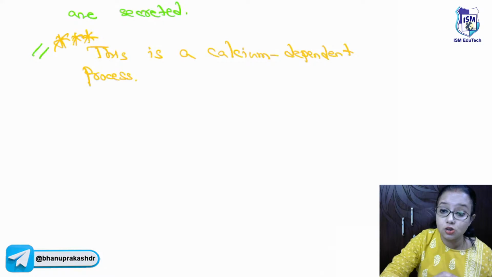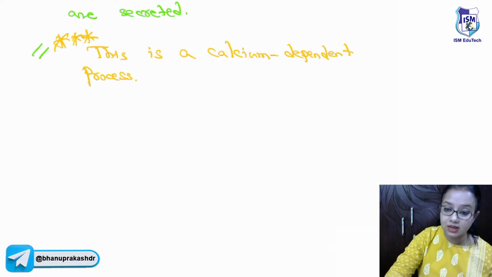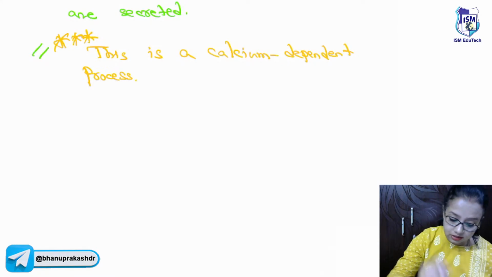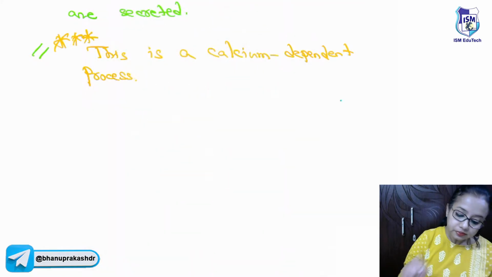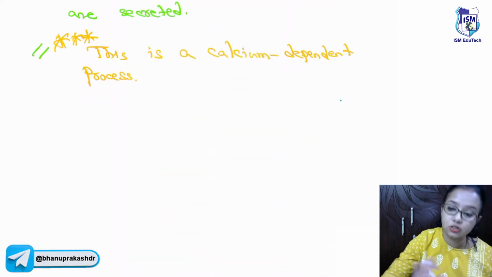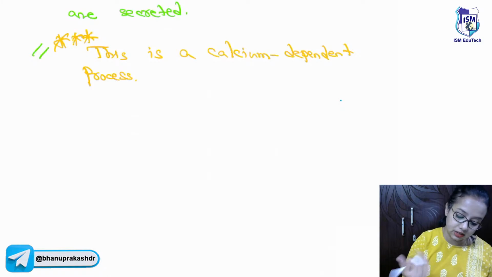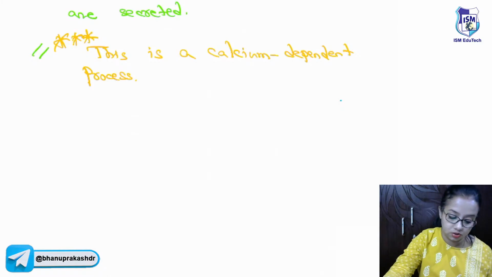Exocytosis cannot happen without calcium. The reason is this. Just the general idea first, then we will come to the details of the exocytosis process. Why calcium is essential for the process of exocytosis.